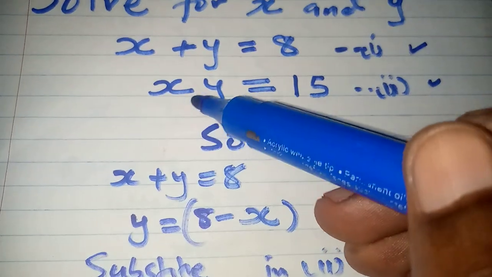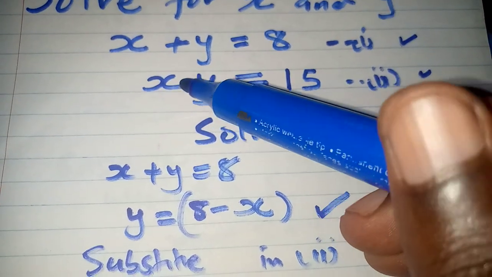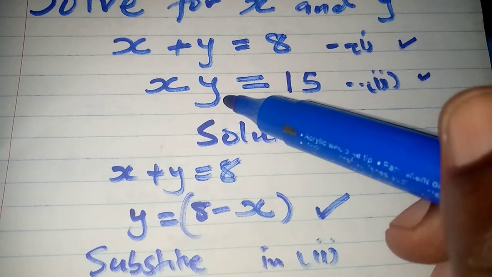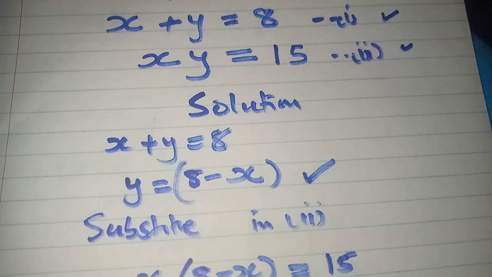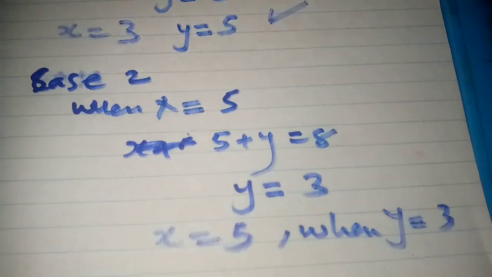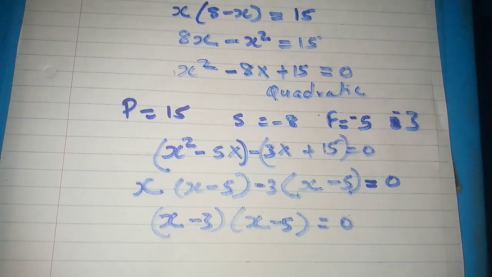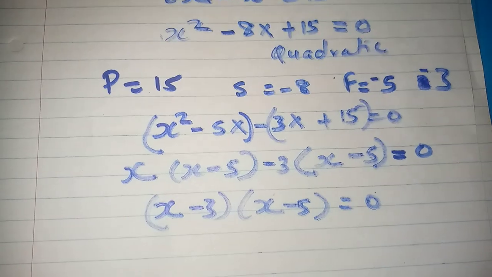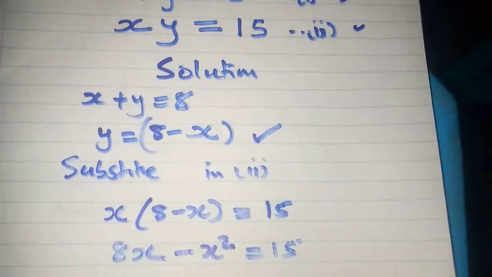In the second equation, when x is 5 and y is 3, if you try multiplying the two, you get 15. So guys, you've seen how simple it is.